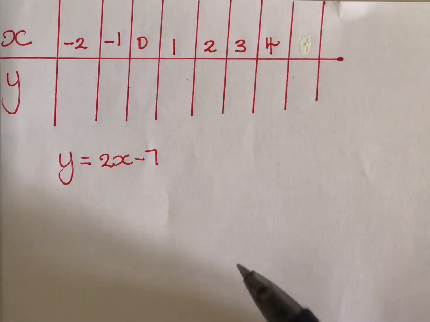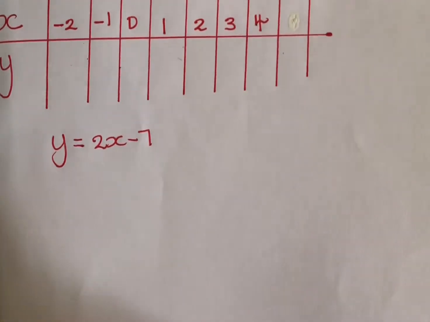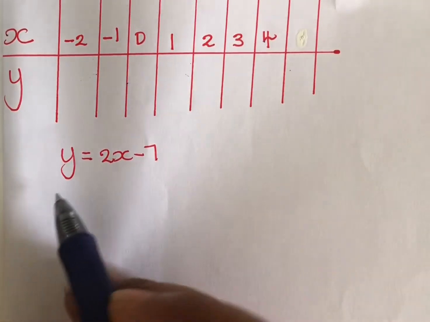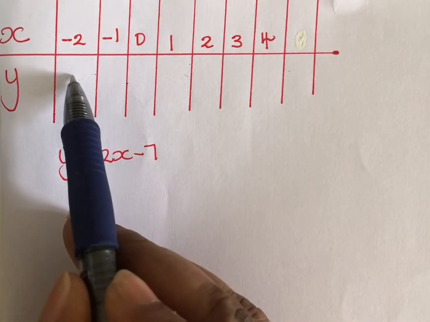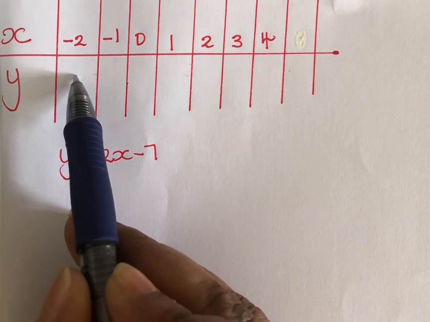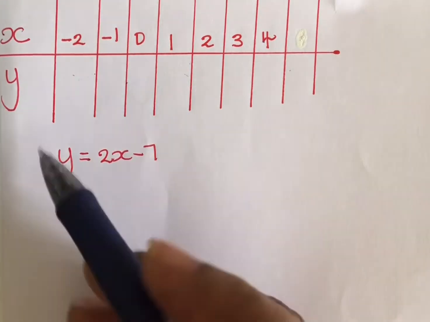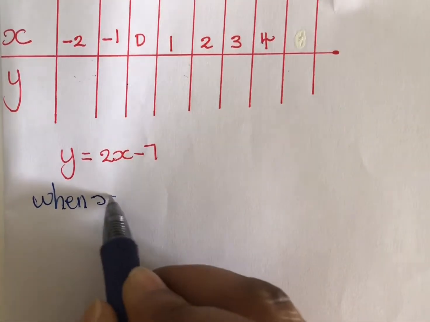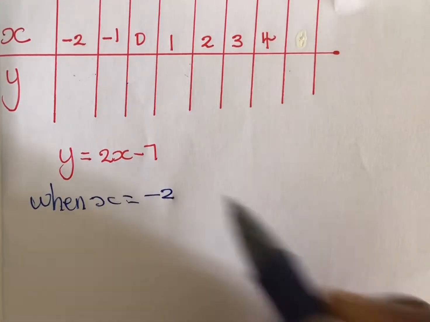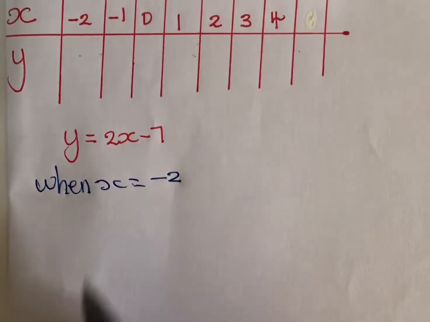So let's go. If I'm to use a step-by-step approach for someone who is now learning this concept, we need to find a value for y when x is equal to -2. Okay? When x is equal to -2, I need a y value.